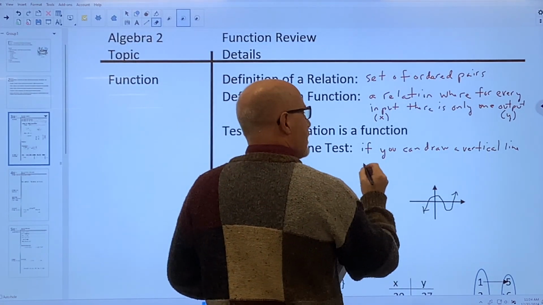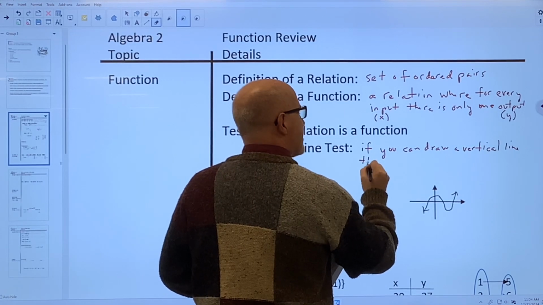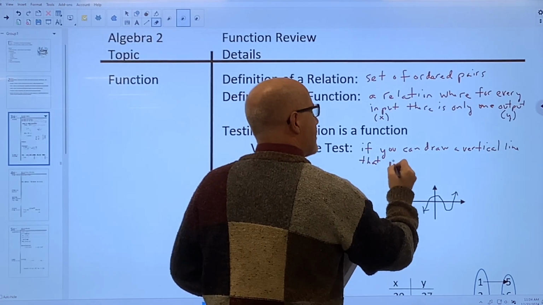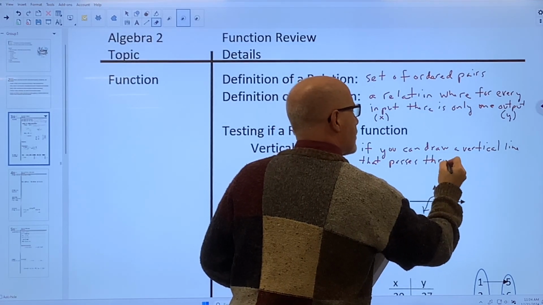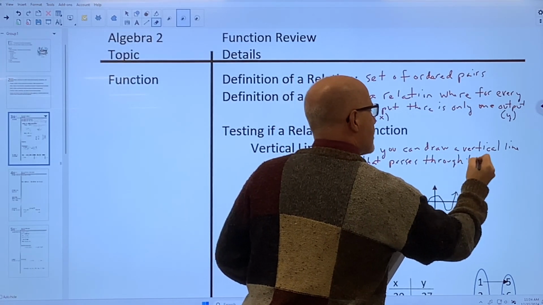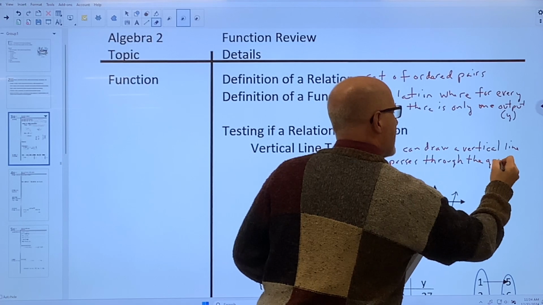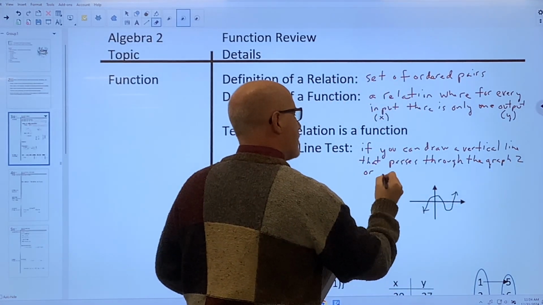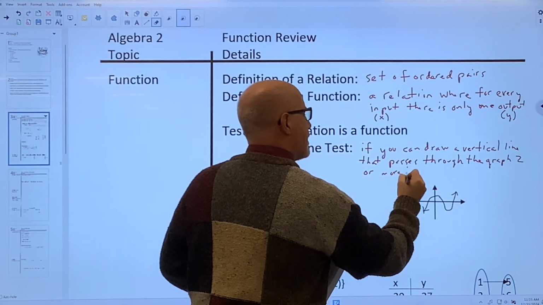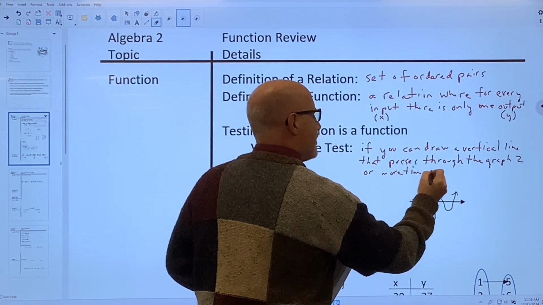So if you can draw a vertical line that passes through the graph 2 or more times, it is not a function.